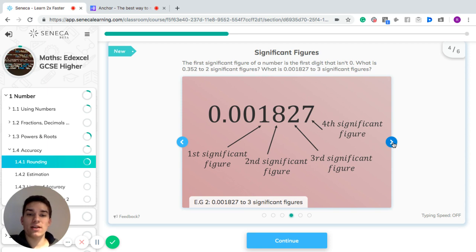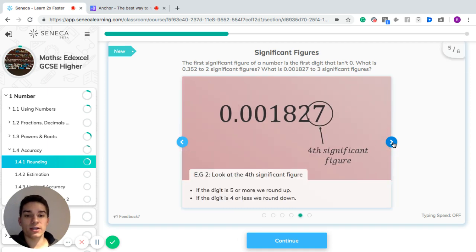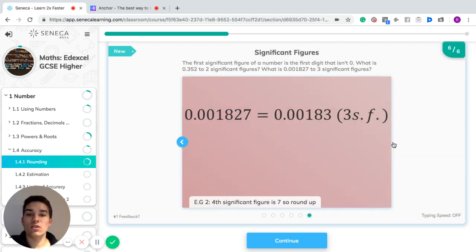To round to three significant figures, you have a look at the fourth significant figure and decide if you're rounding up or down. If the digit is 5 or above, we round up. If it's 4 or less, we round down. In 0.001827, the fourth significant figure is 7, and that means we round up. So 0.001827 to three significant figures is 0.00183.